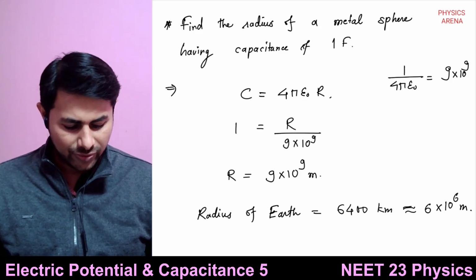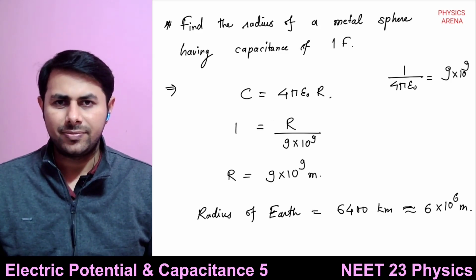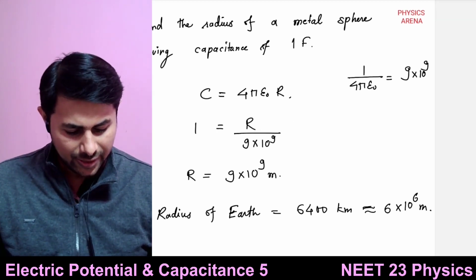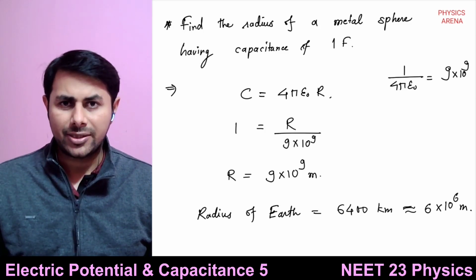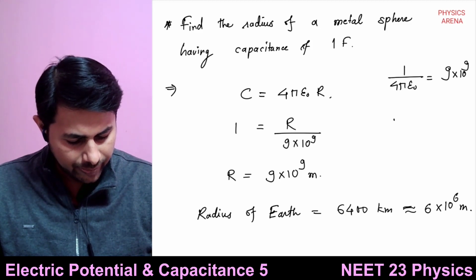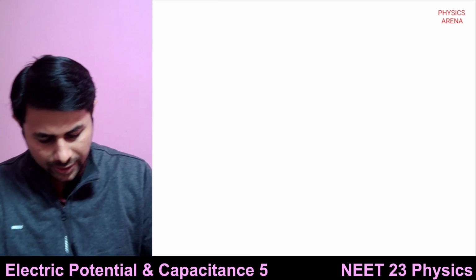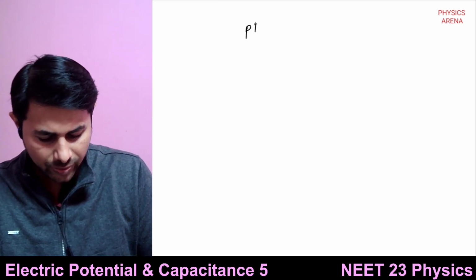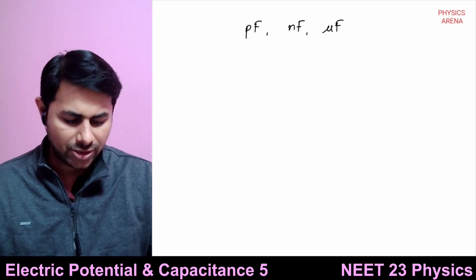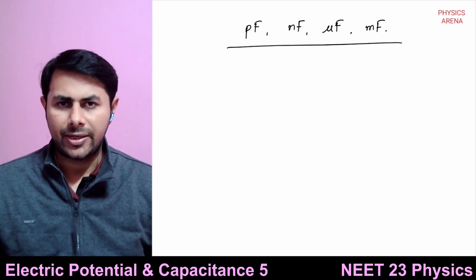So we cannot construct a capacitor whose capacity is 1 farad. It is a very, very huge number. So in practice, we use capacitors having capacity of picofarad, nanofarad or microfarad, and at most something of millifarad capacity.